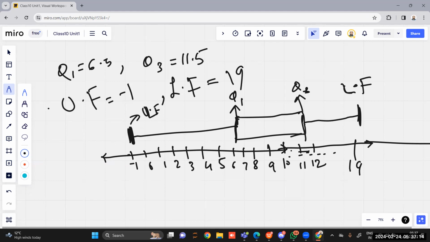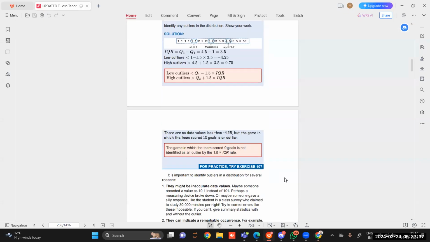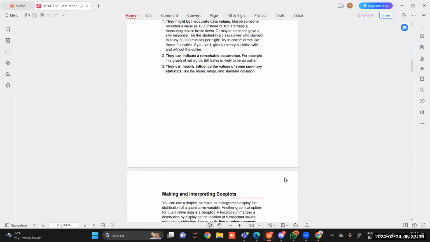Sorry, yes, the left is the lower fence and the right is the upper fence. Correct. Very good. All the values beyond these are treated as outliers.